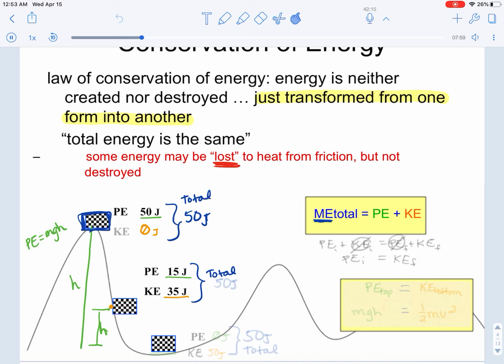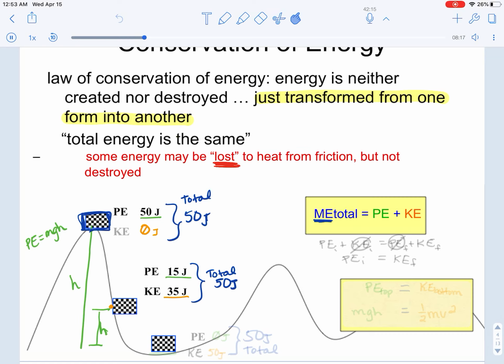So when I get here, I still have to have a total of 50 joules. And if the height allows me to calculate how much is potential, then I subtract the 15 from the 50, and I'm left with 35.